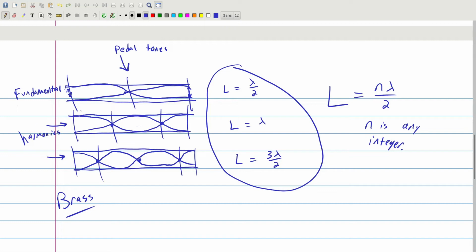It turns out this first harmonic is going to be 1 octave exactly above the fundamental. And then way down here, I think it's a 5th above. So if this ends up being something like a B flat, this will end up being a B flat also. And then this ends up being an F.